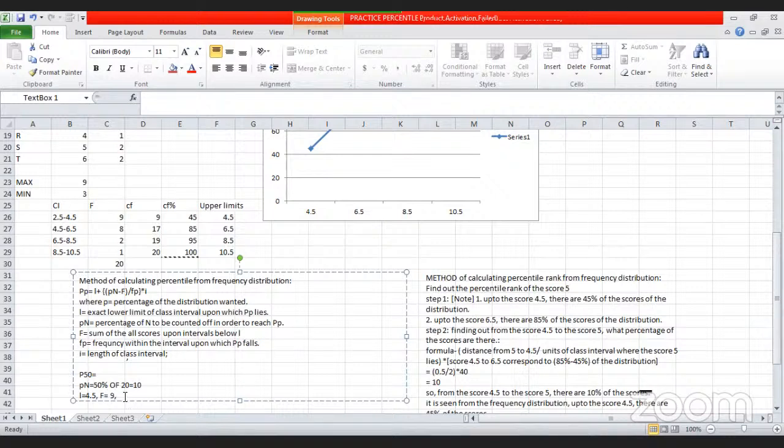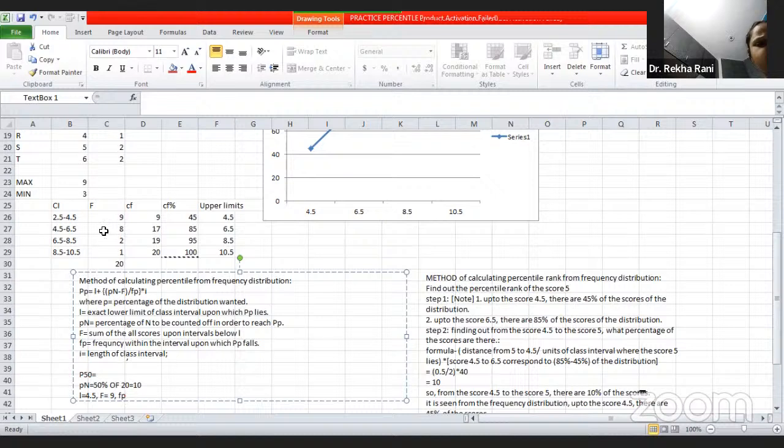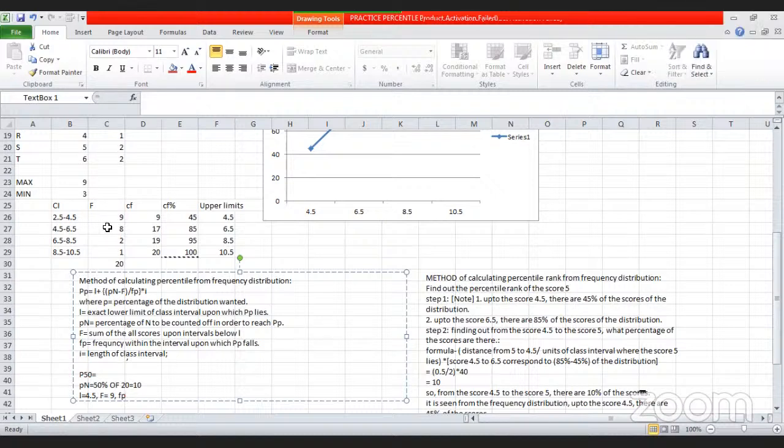Now we need to know the Fp, small fp. That is the frequency within the interval upon which Pp falls. Here Pp is P50. So P50 is about the 50% of the 20, that is 10. So 10 is here, within the class interval of 4.5 to 6.5. So Fp will be the frequency of that class interval.